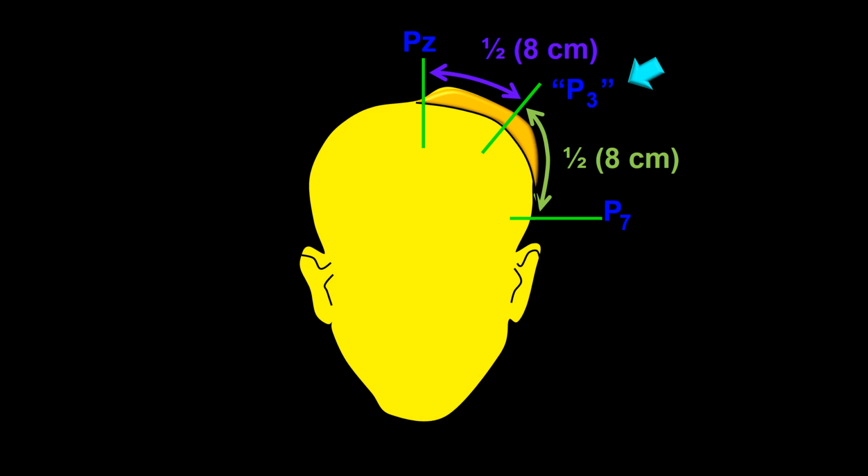Then place the tentative P3 site at this location. So the distance between tentative P3 and P7 is 8 centimeters, and between tentative P3 and PC is also 8 centimeters. The homologous electrode, that is P4, is placed following the usual rules for electrode placement, that is 1/2 the distance between P8 and PC.